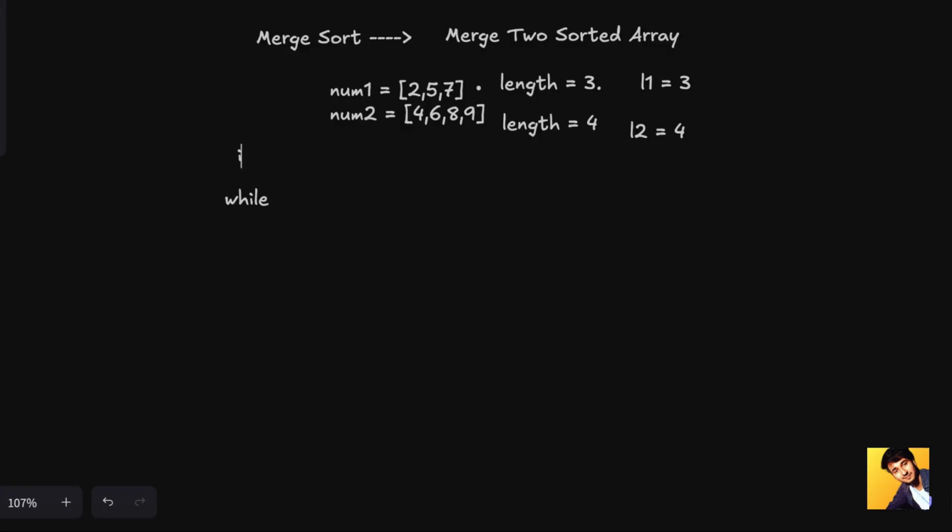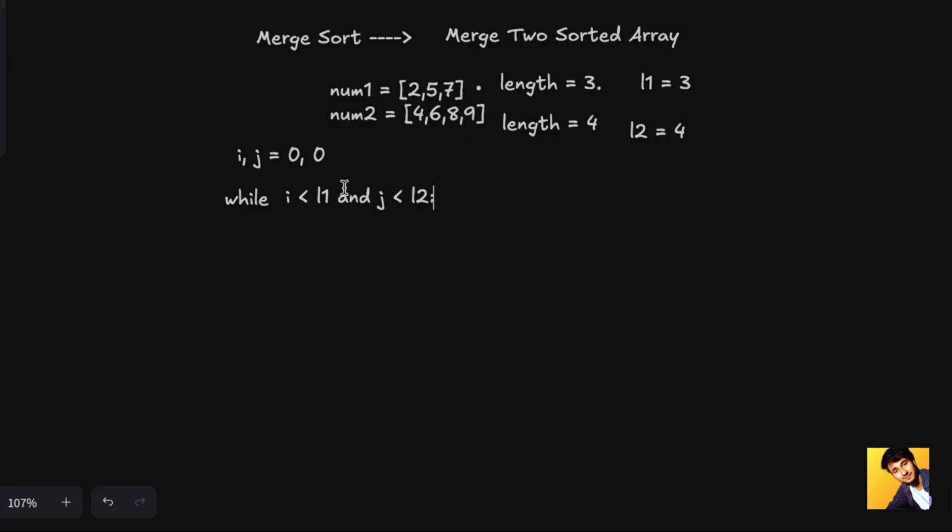Let's take two pointers, i and j, both starting from 0. While i is less than L1, i will go through all these elements, and j is less than L2, j will go through all these elements.